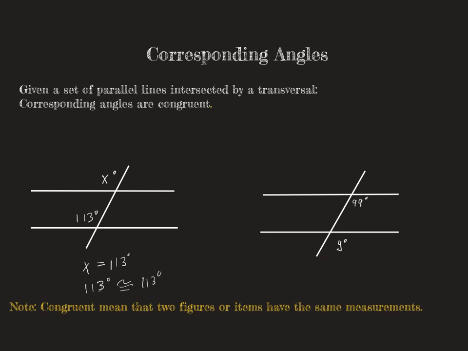So that means that y is going to be equal to 99 degrees, because 99 degrees is congruent to 99. And that's pretty much it. So keep in mind that they have to be on the same side, in the same location, but in different lines.